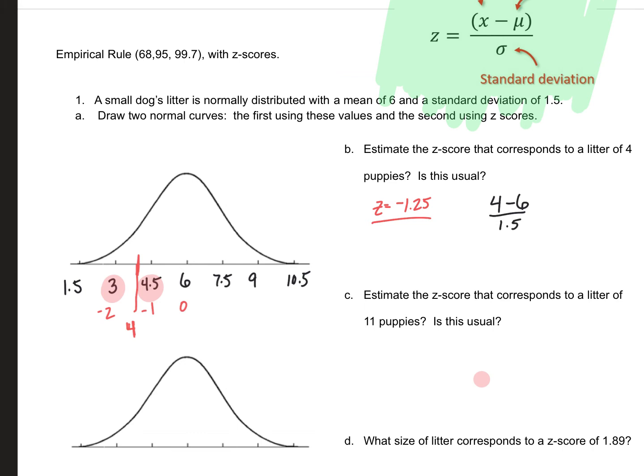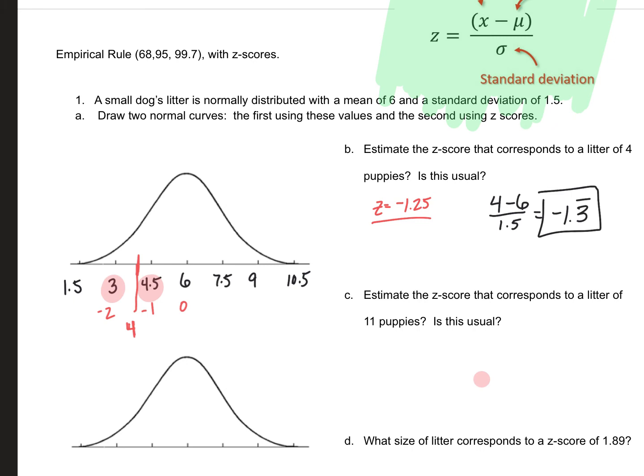So when we put this in our calculator, what we end up with is -1.33 repeated. Now, a z-score can be negative. If it's negative, that just means it's below the average. If it's positive, it means it's more than the average. So this one would have a z-score of -1.3.